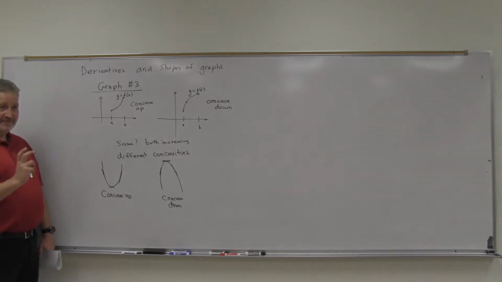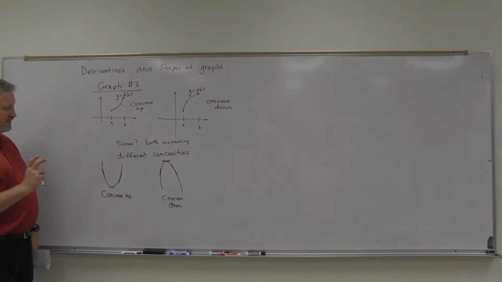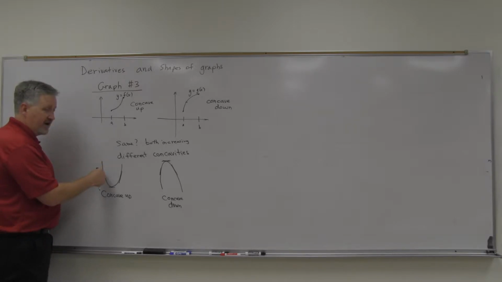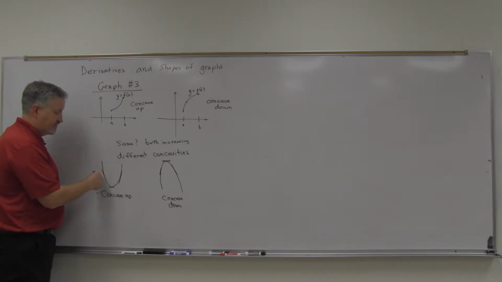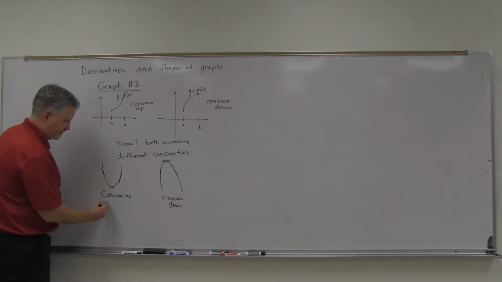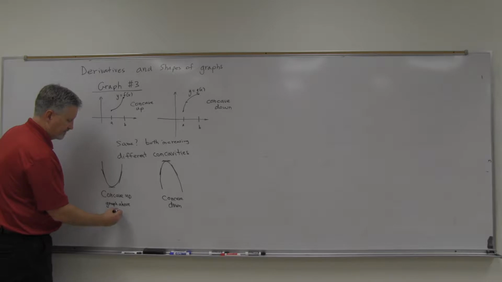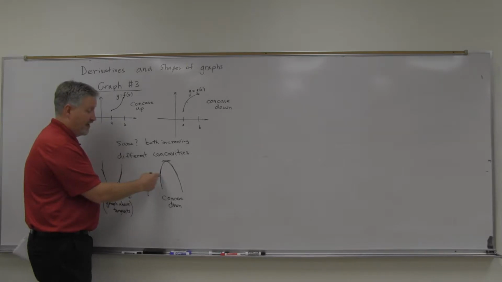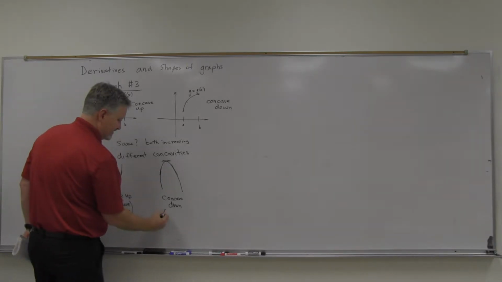One way you can tell is here the graph is above the tangent lines, right? Here, it's the other way around, isn't it? The graph is below the tangent lines.